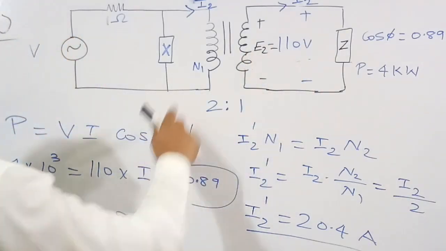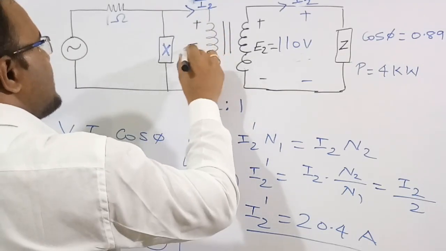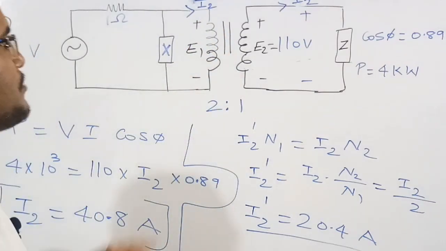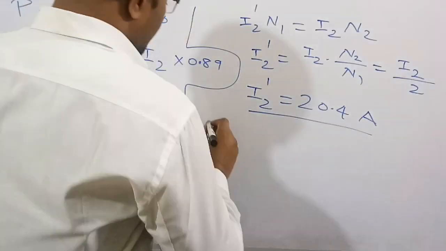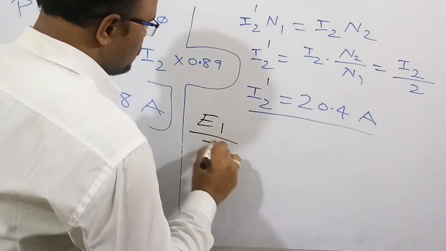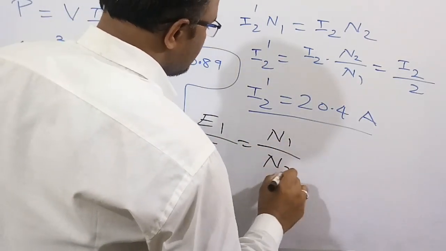Now we need to find the EMF induced across the primary winding, E1. We know simply that E1 by E2 is equal to N1 by N2. E1 is what we need to find.